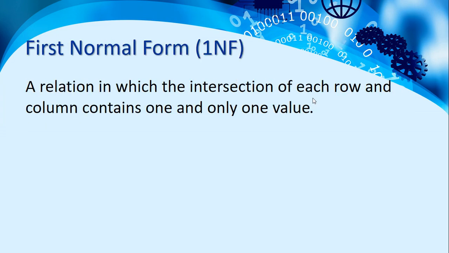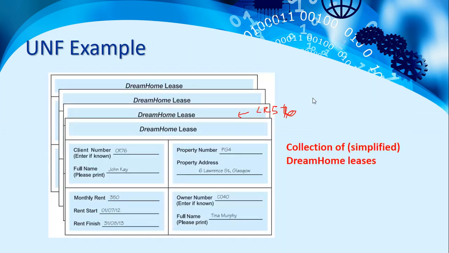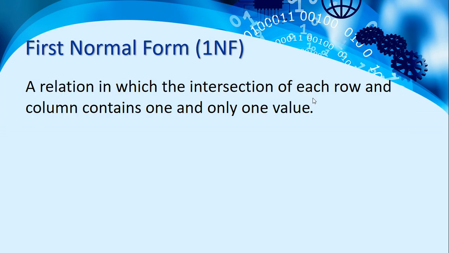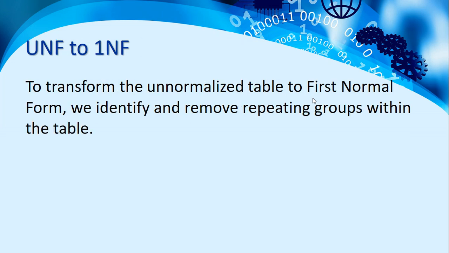So that is the unnormalized form and the first normal form. How do we transform an unnormalized table to first normal form? In order to do that, we identify and remove the repeating groups within the table.